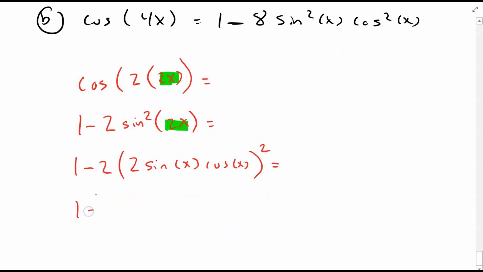How do I square something like 2 sine x cosine x? Because everything is being multiplied, that squared applies to everything, right? If those things were being added or subtracted, what would you have to do?